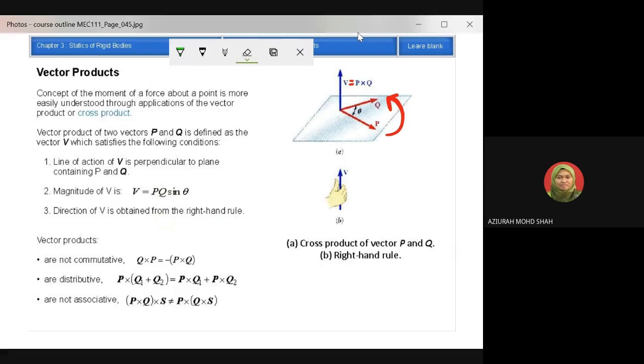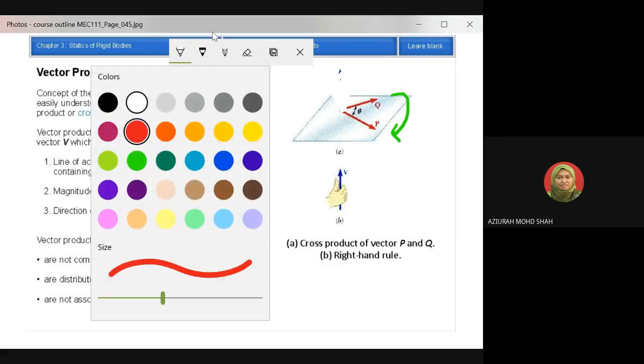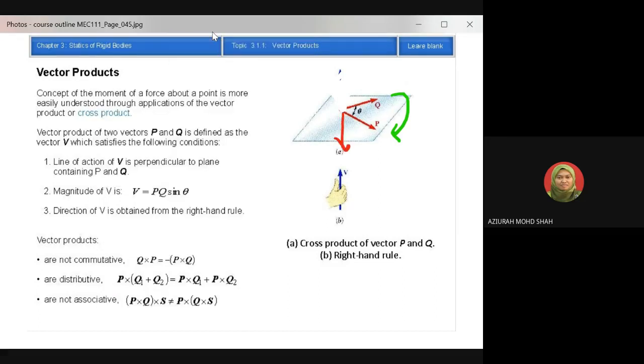Kalau terbalik Q cross P, kita akan dapat V dia macam ni. Ini adalah Q cross P. Dan kita akan dapat negatif, maksudnya ke bawah.